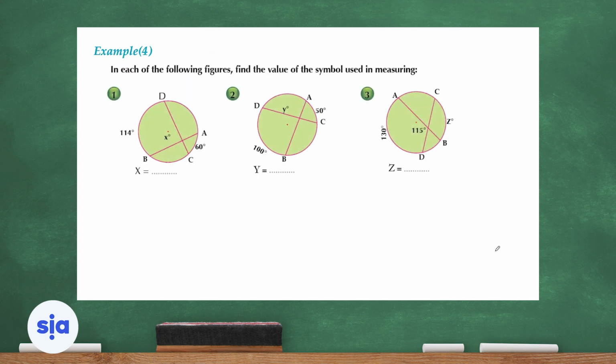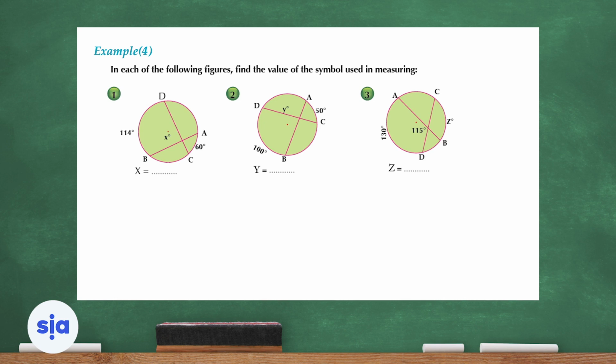Let's go now and solve example 4. In example 4, in each of the following figures, find the value of the symbol used in measuring. So we want to find the values of x, y, and z in questions 1, 2, and 3 respectively. For question 1, you will see that x is at the meeting point of the two chords inside the circle.